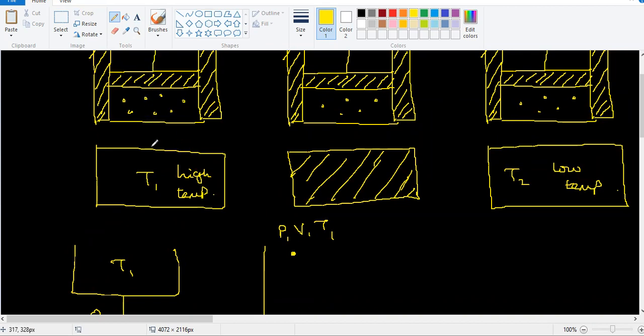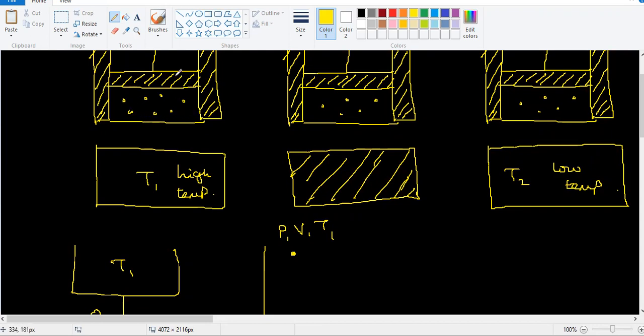From 1 to 2, it is isothermal expansion, meaning the temperature is almost equal to T1. So this is T1, this is also T1. Just because it's giving some heat here, this will not reduce in temperature. If this is say 1000 degrees Celsius, the 1000 degrees Celsius will be given over here.